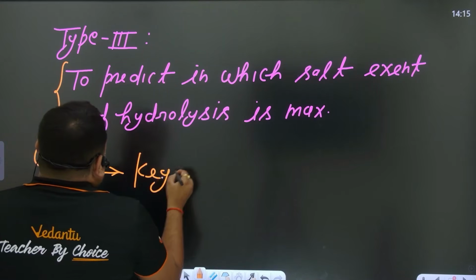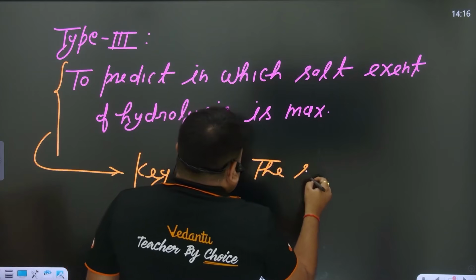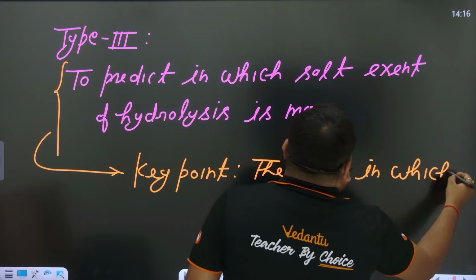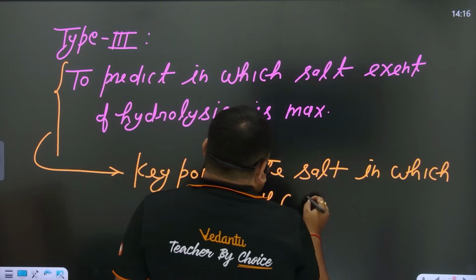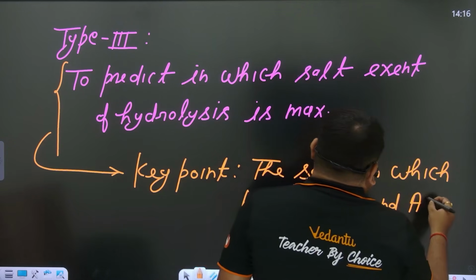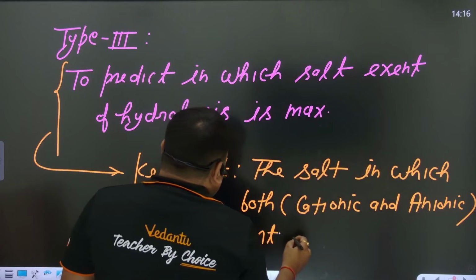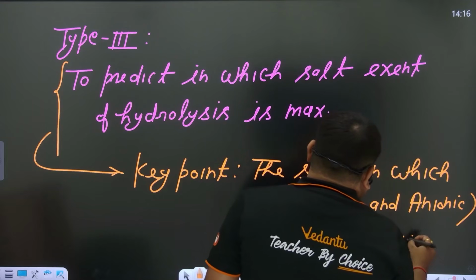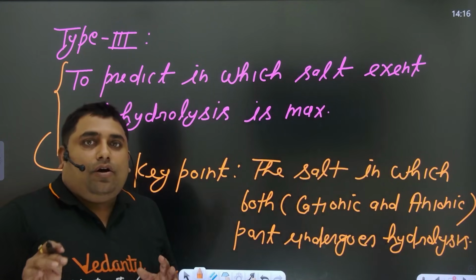Key point is the salt in which both, cationic and anionic part, undergo hydrolysis, in that case we can say extent of hydrolysis is maximum.